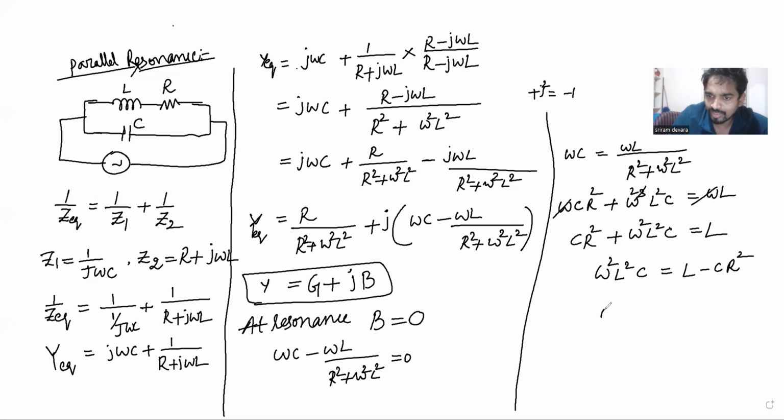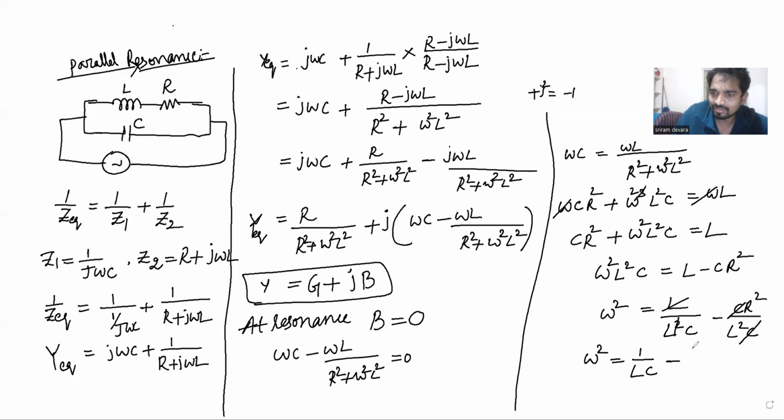Therefore omega square is equal to L divided by L square C minus C R square divided by L square C. Now C cancels, and L cancels with a square, so omega square is equal to 1 by LC minus R square by L square.